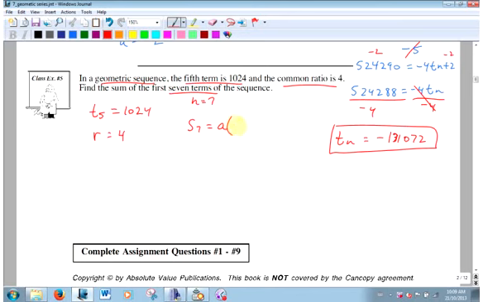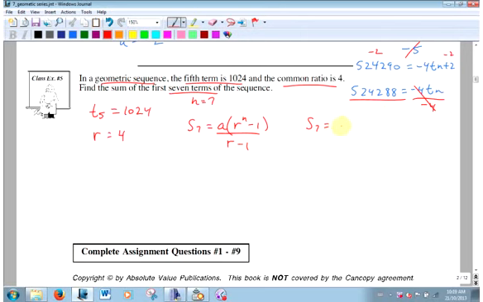I'll just write out both formulas. It's that, or it's that. I have n, I have r, but what do I need here? I need a.